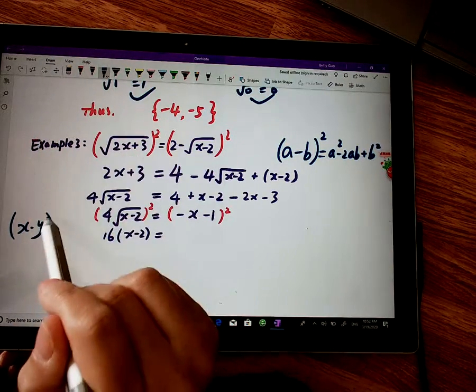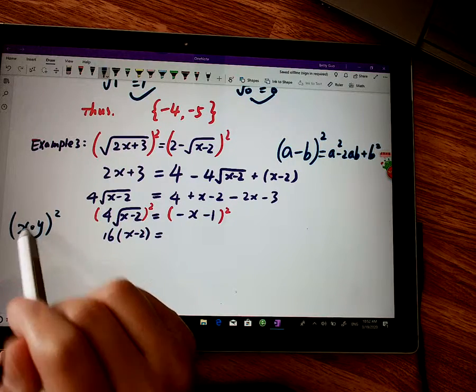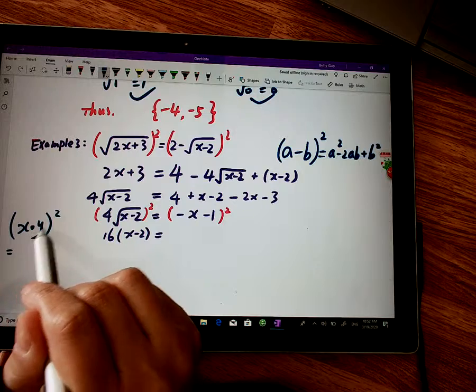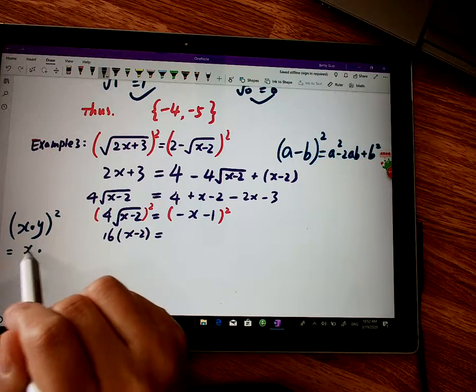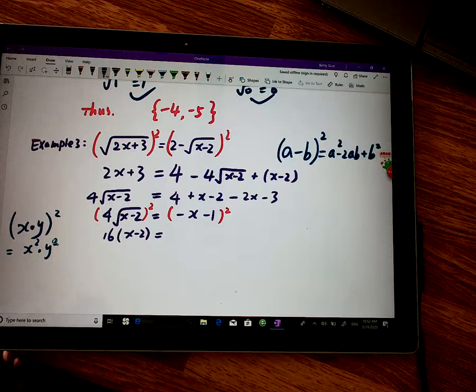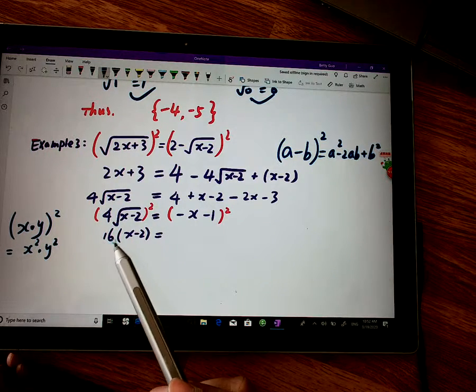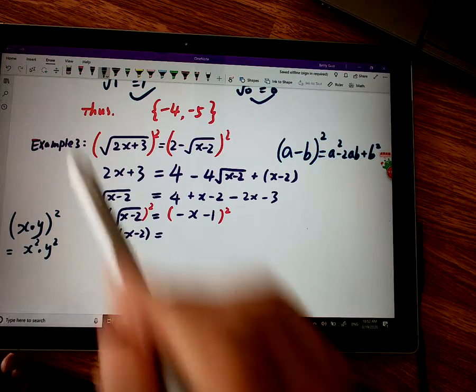It's chapter 5. It says power. Let's say the power is 2. It's called the power of a product. Power of a product equals the product of powers. So you're going to have the square of 4, which is 16, and then multiply the square of the radical, the square root, which is x minus 2.